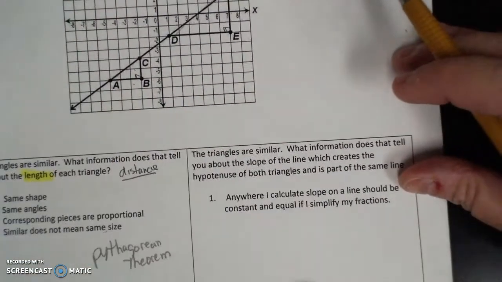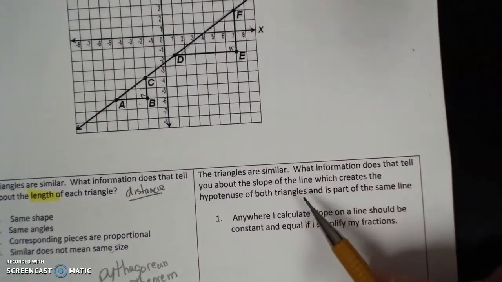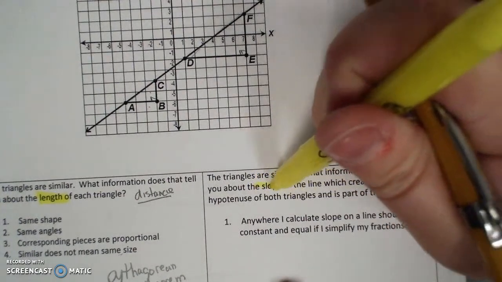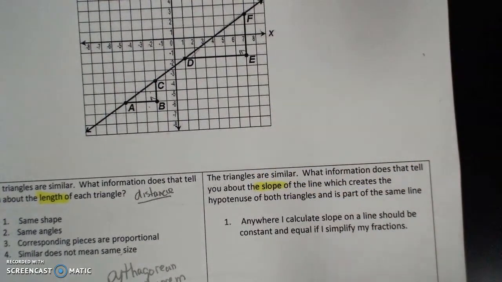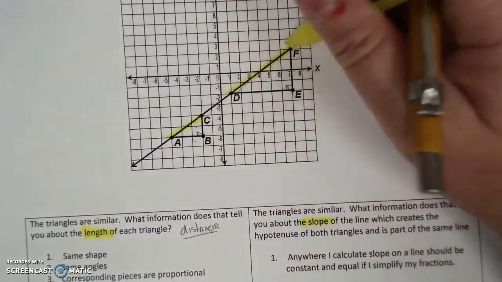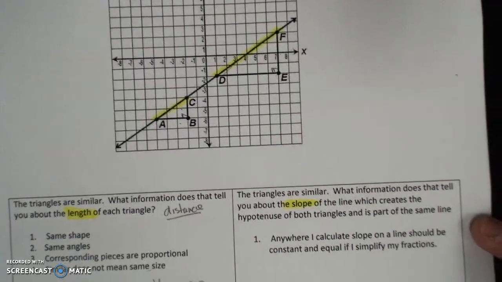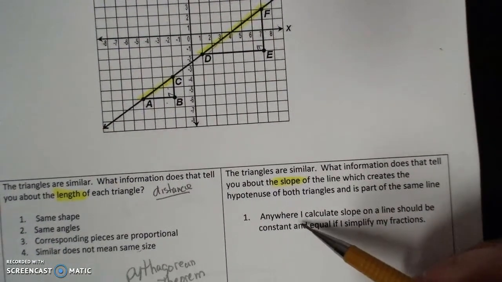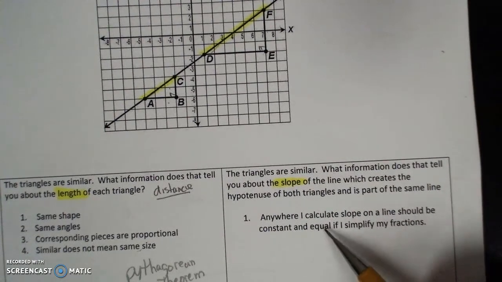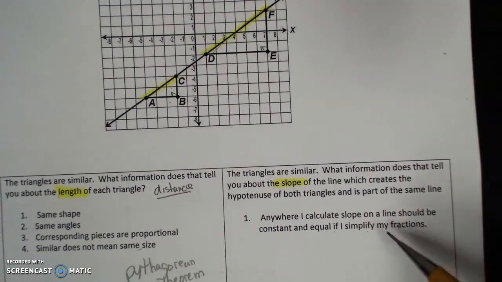If they say the triangles are similar, what information does that tell you about the slope of the line which creates the hypotenuse of both triangles and is part of the same line? Then we're calculating slope, and we're calculating slope. And the definition of slope is constant, so anywhere I calculate slope on a line should be constant and equal if I simplify the fractions.